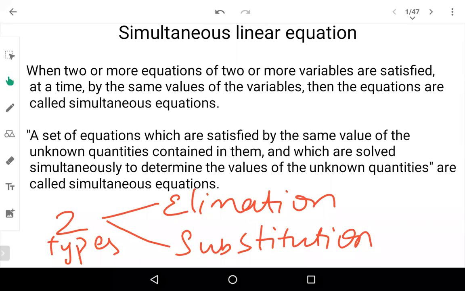So at a time, if we solve two equations, whatever values we get, that is x and y, will suffice both the equations. The value of x and y will suffice both the equations. That is called a simultaneous linear equation.